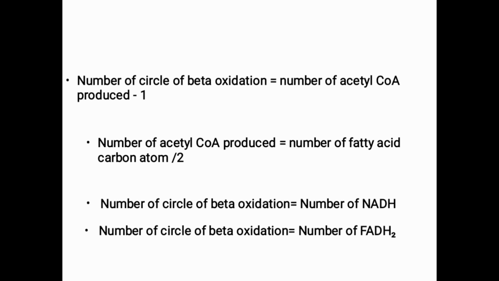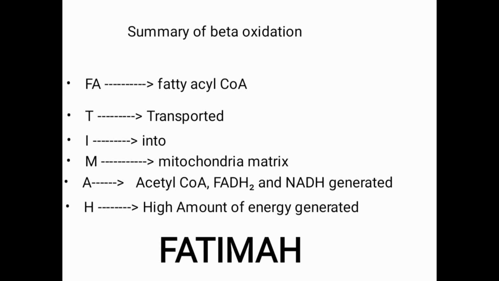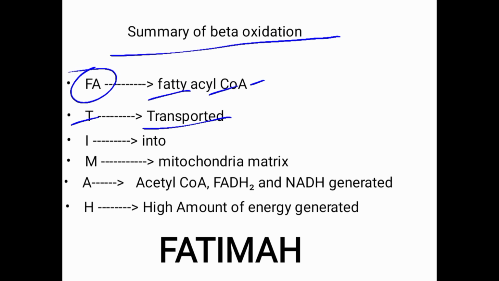So now I will show you the summary of beta oxidation. The summary of beta oxidation is FATIMA. Fa meaning fatty acyl CoA, T transported into the mitochondrial matrix, A acetyl CoA, FADH and NADH are generated.